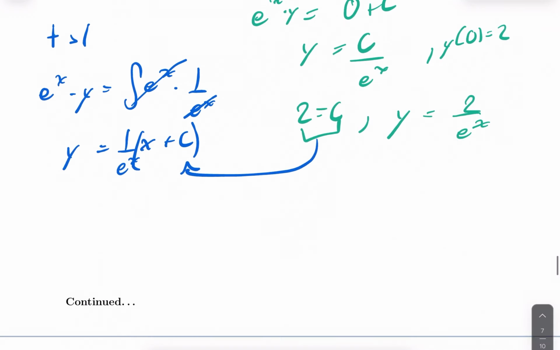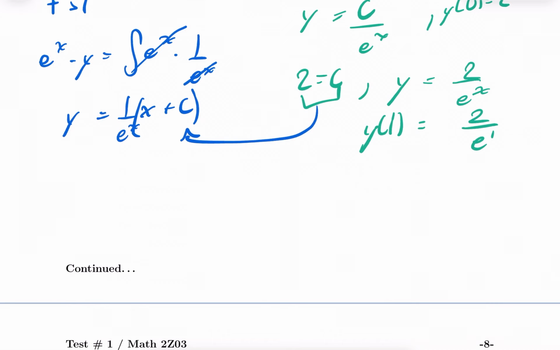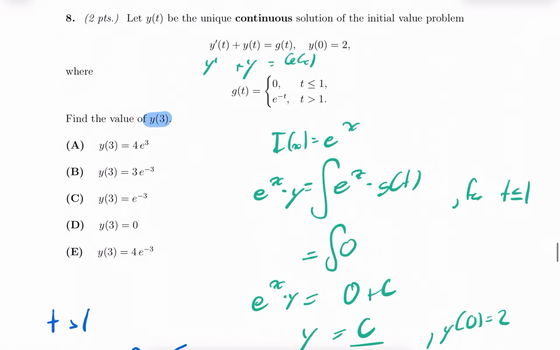So if I put y at 1 here, it equals 2 over e to the 1, right? And now I want to solve for c. So what value could I possibly put in here to get a value out? They want me to solve for y at 3. I don't know anything else of when it's greater or equal to 1.